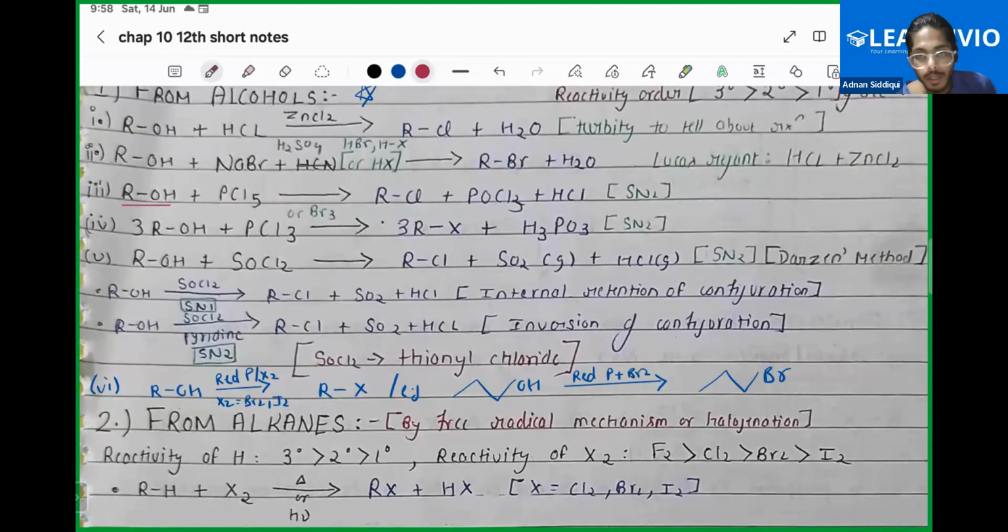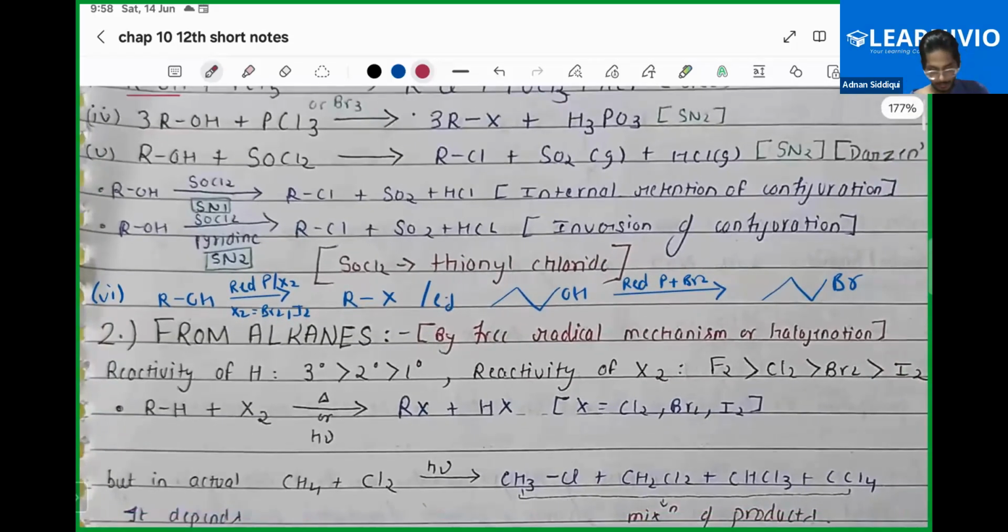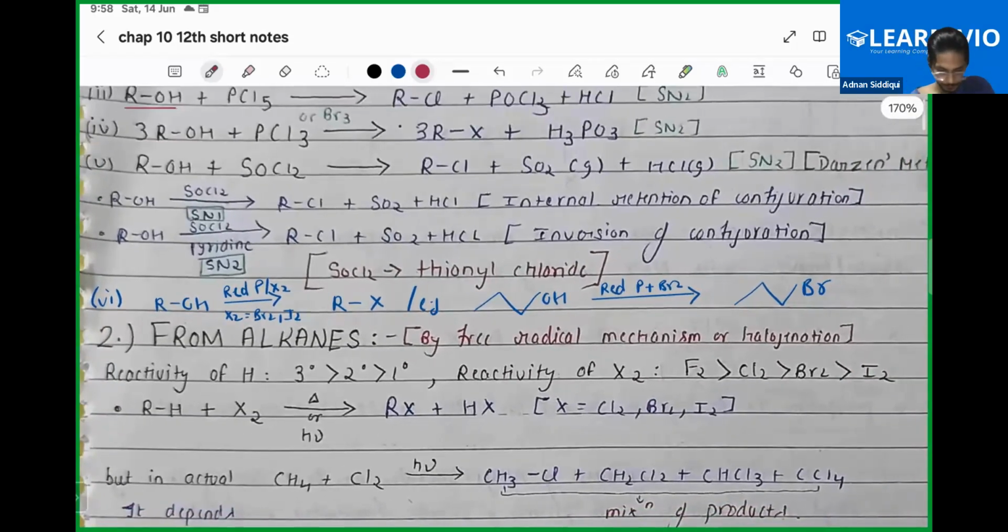The mechanism followed here is SN2 mechanism, backside attack, right? And see, if they have mentioned SOCl2 in presence of pyridine, then you will get the same thing, but the mechanism followed will be SN2.